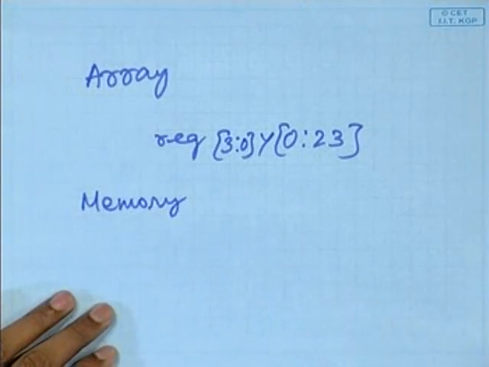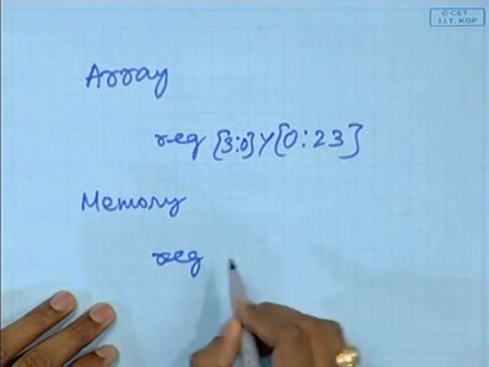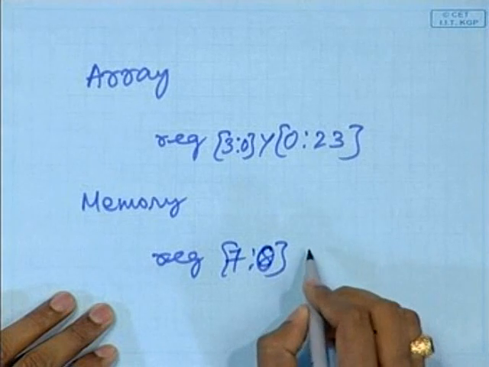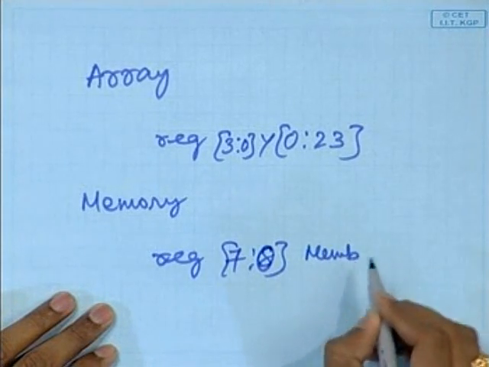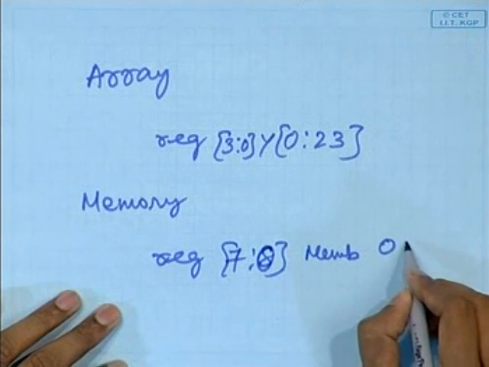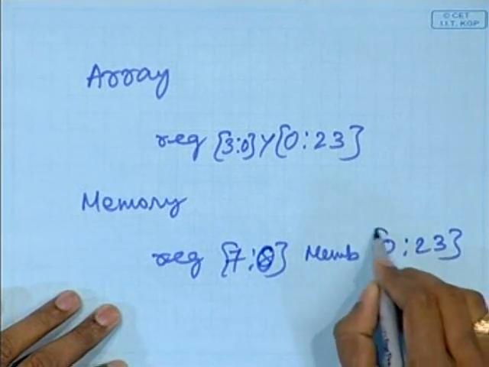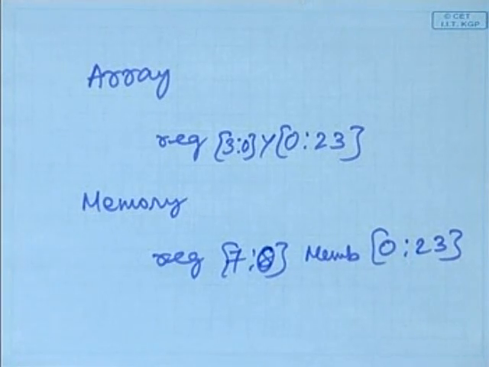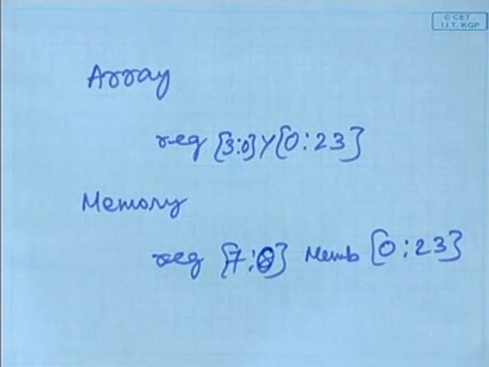Suppose I am declaring a memory array where each element is 8 bit, say memory byte, with 24 elements. I want to do read and write operations in the memory. I think this is the assignment in the end: how to design a memory model.